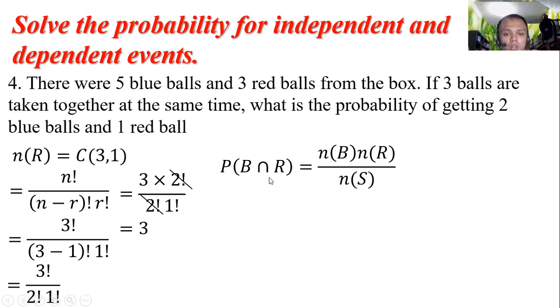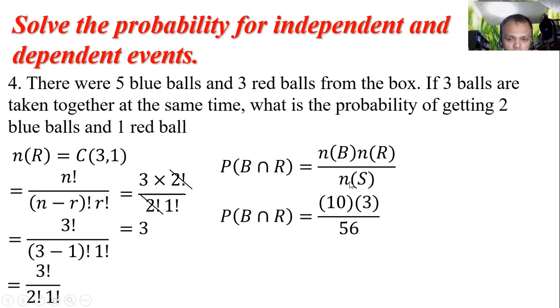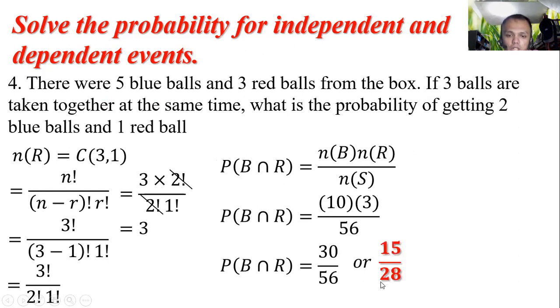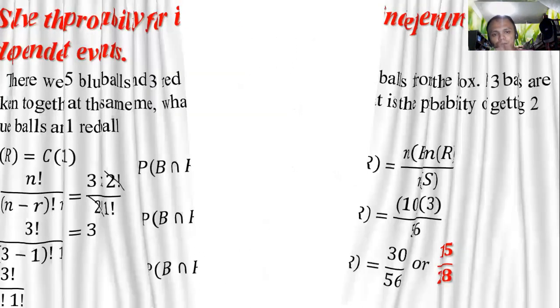Probability of B intersection R is equal to number of events for blue balls times the number of events for red balls all over by the sample space. Ano yung B natin? That is 10. Ano yung R natin? That is 3. Ano yung sample space? That is 56. So 10 times 3 is 30 over by 56, or in lowest term, we have 15 over by 28. Okay, that's it, no?